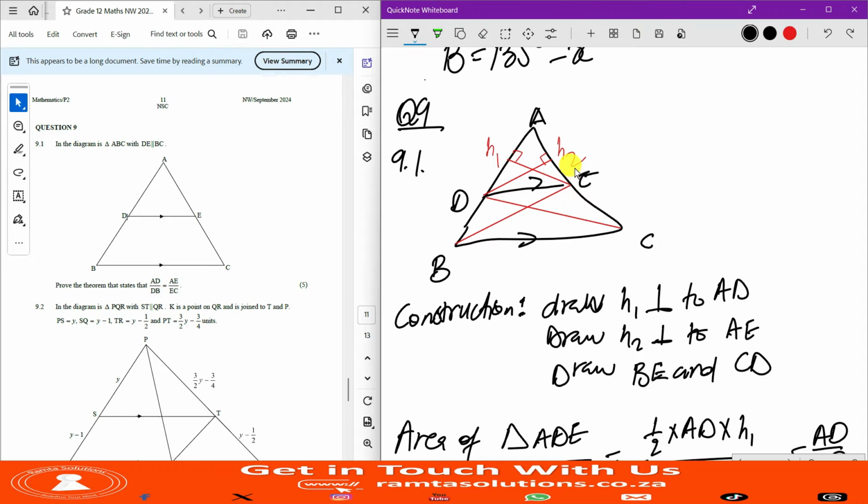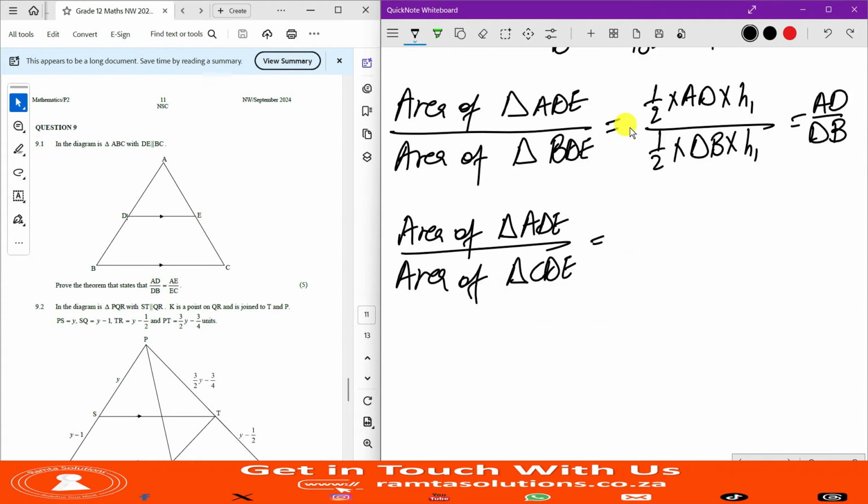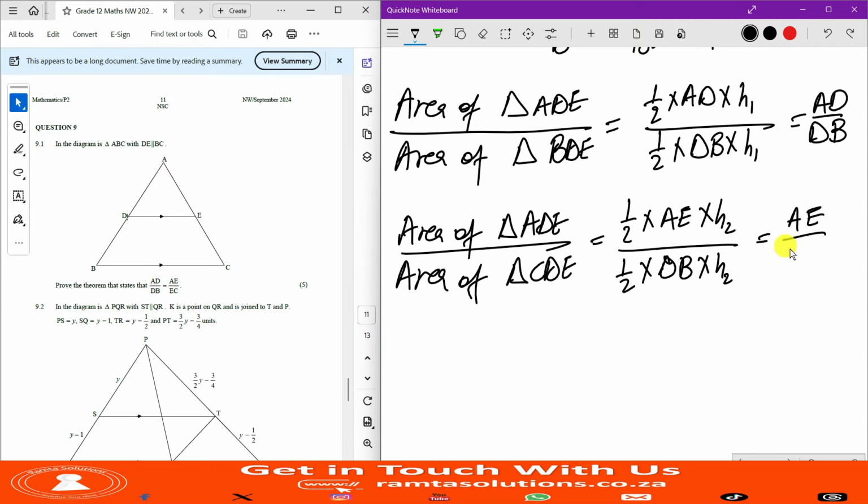Their bases are AE and EC. So it is half times AE times h sub 2 all over half times DB times h sub 2. The halves and the h's cancel, and we are left with AE over DB.